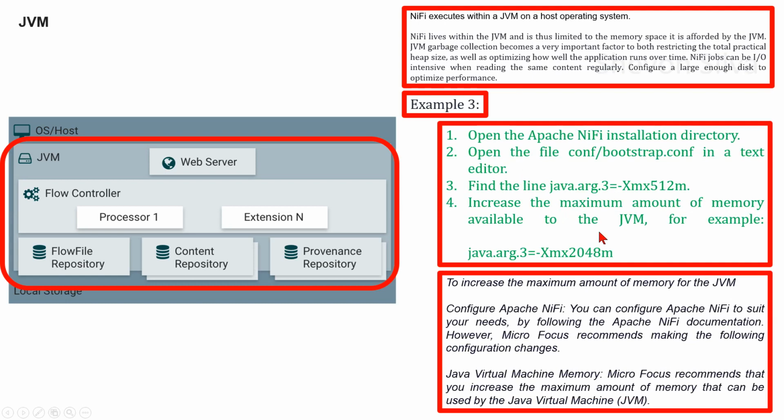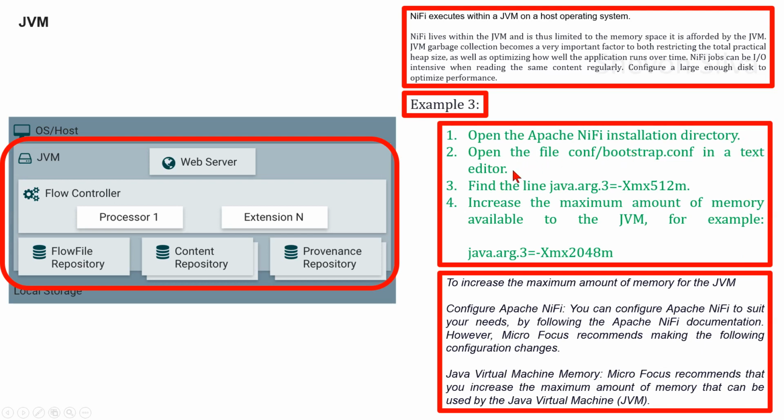As an example 3, we can consider the steps to increase the maximum amount of memory for the JVM. Step 1, open the Apache NiFi installation directory.